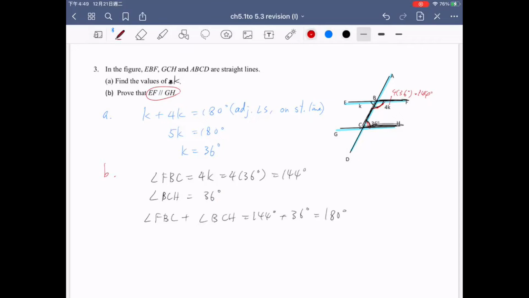So we say EF parallel GH, interior angles, because they are interior angles. They're not equal, but together they are 180 degrees. Right.